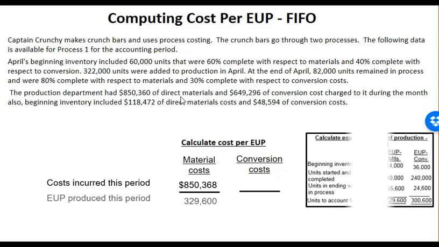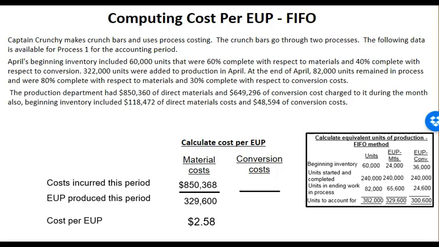Now based upon the equivalent units of production calculation, what I know is that during the month of April I expended 329,600 EUPs of effort. I take that and divide it into the $850,000, and it comes up to a cost per EUP of $2.58.